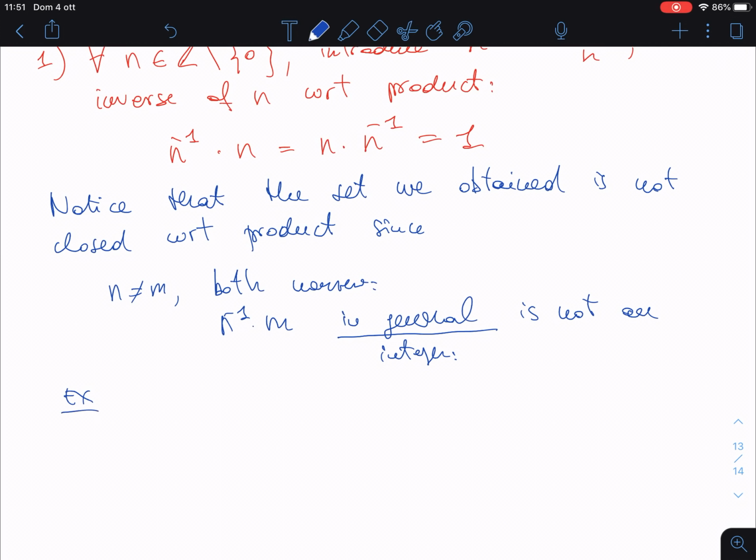For example, n equal to 2, m equal to 3, you have that 2 to the minus 1 times 3 is not an integer, it is 3 over 2. It's not an integer, nor an inverse of an integer.